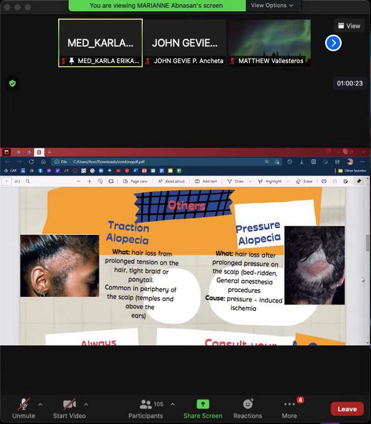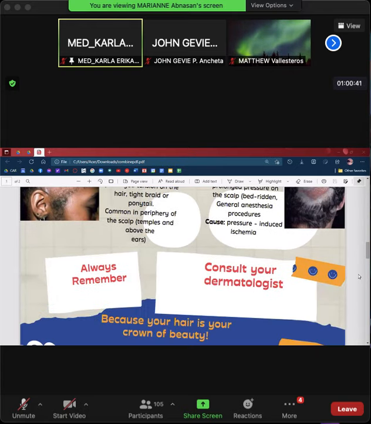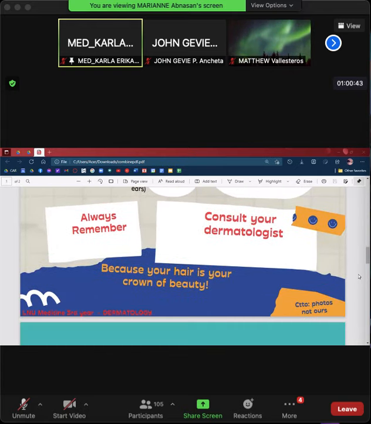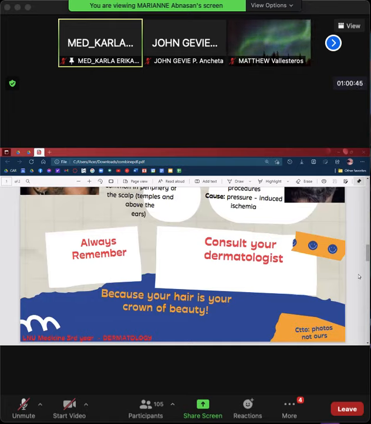For the pressure alopecia, this is caused by pressure-induced ischemia, caused by prolonged pressure on the scalp in patients that are bedridden, or in general anesthesia, and other procedures. So always remember to consult your dermatologist because your hair is your crown of beauty.